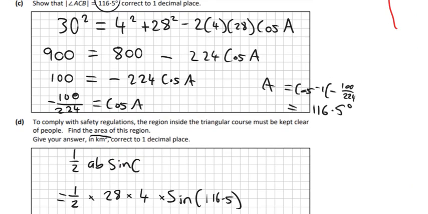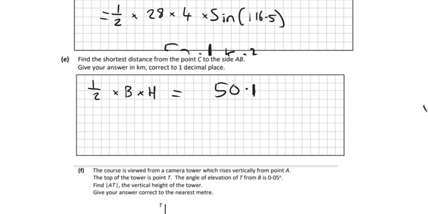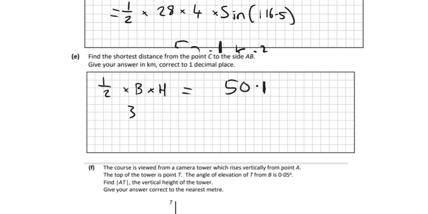So we know that the base is 30. So half times 30 times the height is 50.1. So then you can just move things over to the other side.